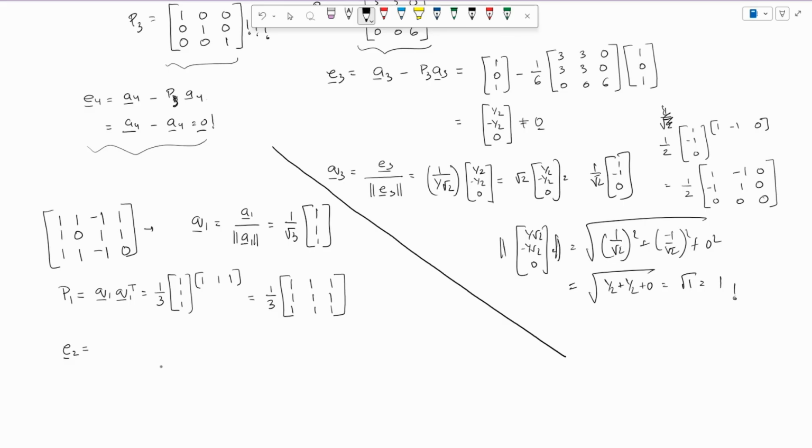Can you tell me the abstract expression? How will you compute E2? A2 minus P1 A2. That's fine. So what is A2? A2 is 1, 0, 1 minus 1 by 3, 1, 1, 1.